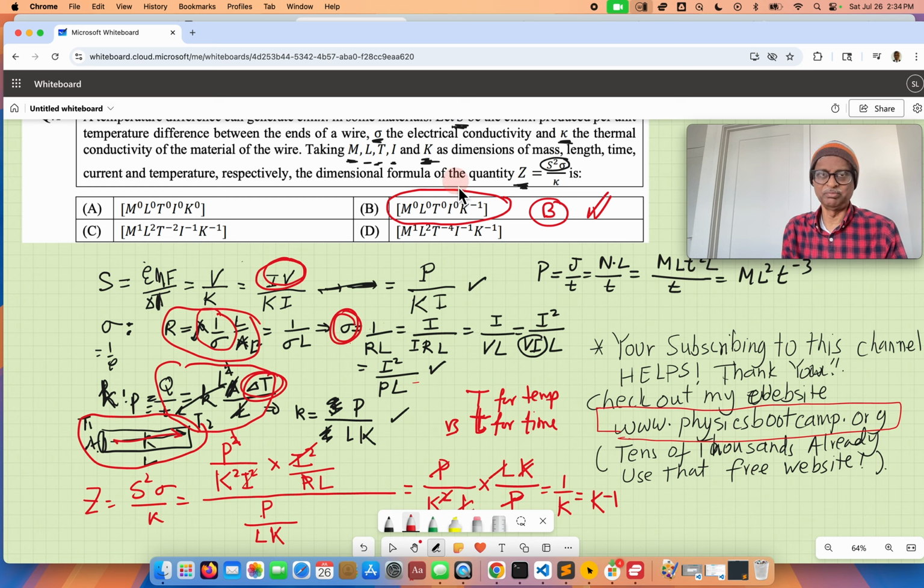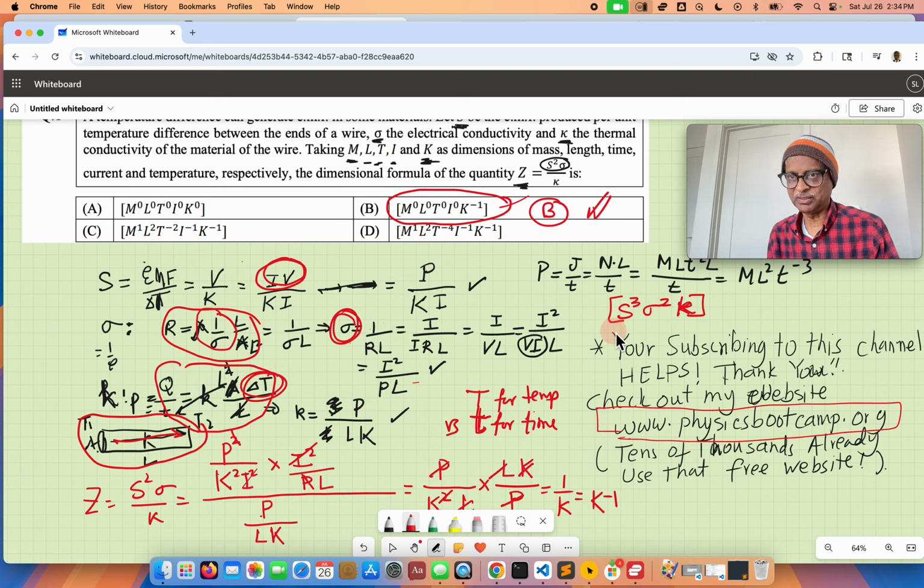Maybe you can make your own stuff and see what you can practice. Hey, what's S cube sigma square K kappa? What is the dimension of this guy? You can just practice things like that. The more you practice, the easier it will be for you.